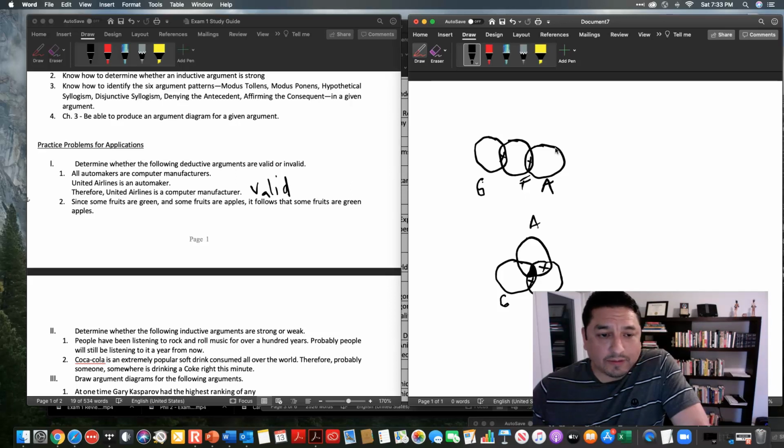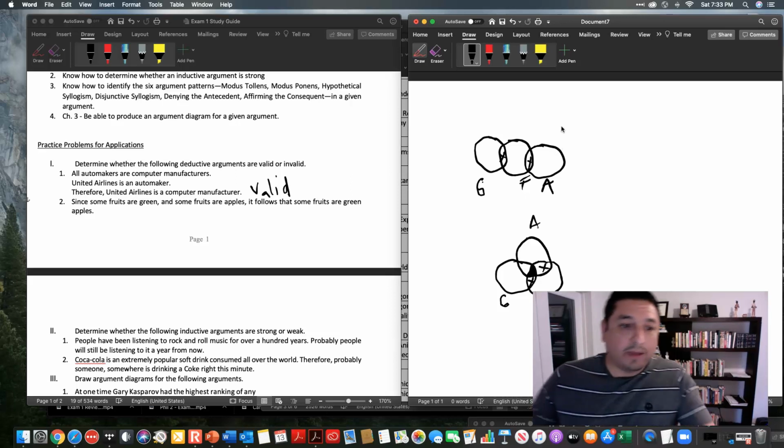Now the fruits that are green, referenced in the first premise, might be a fruit like a lime or something, right? It doesn't have to be an apple, right? And then the second one, where we're talking about fruits that are apples, right? Those fruits that are apples are not necessarily green. They might be red. Let's say they are red.